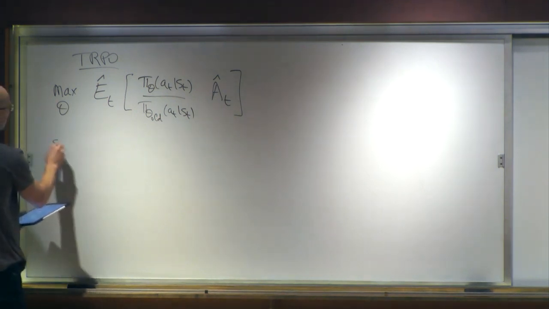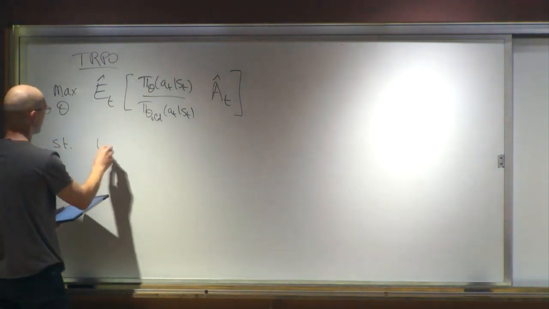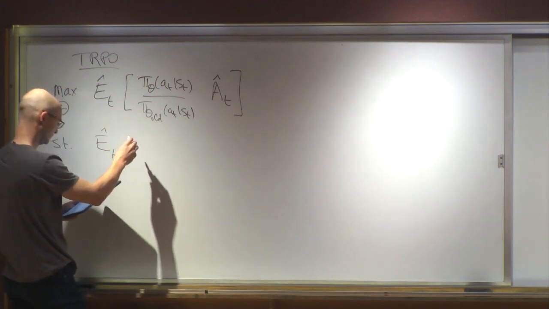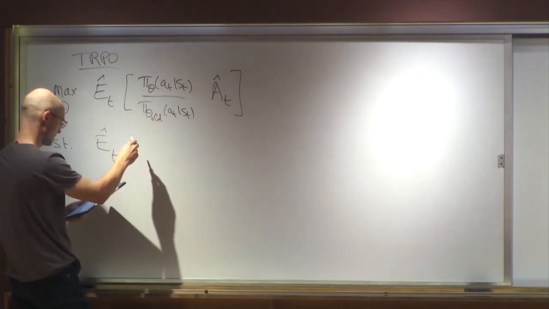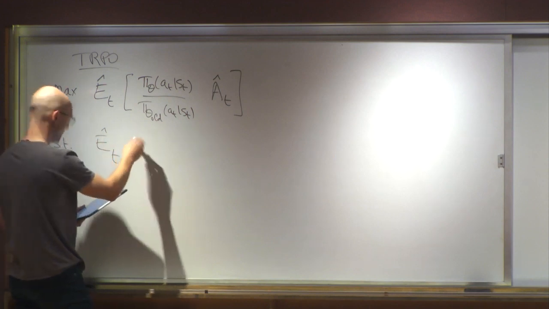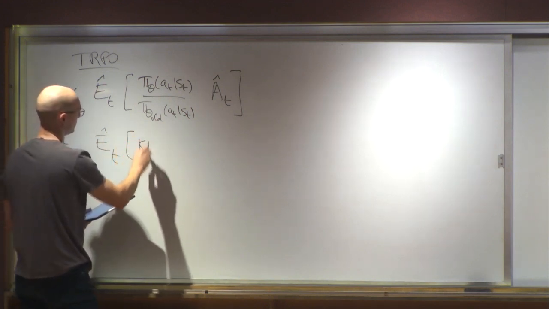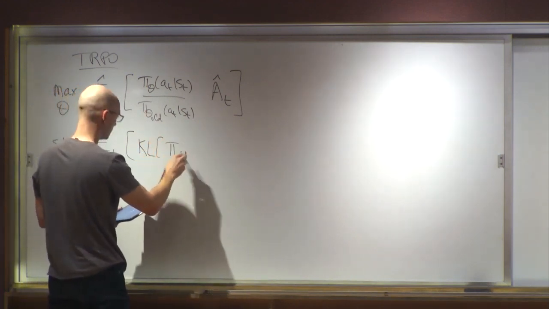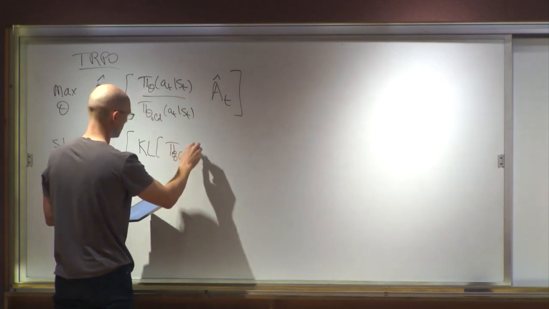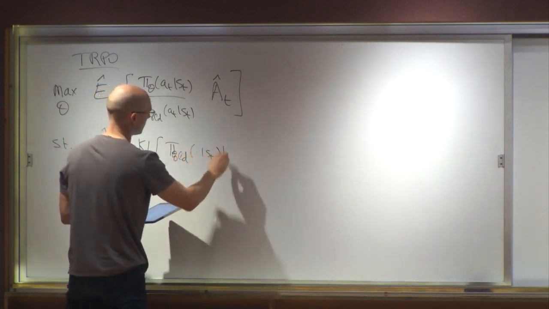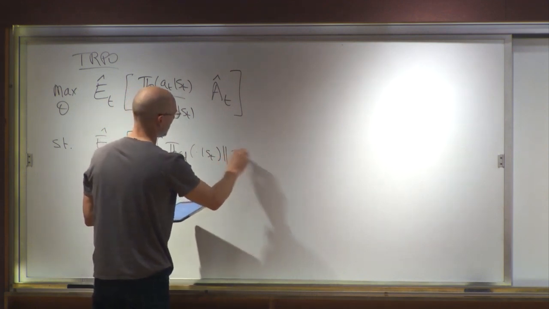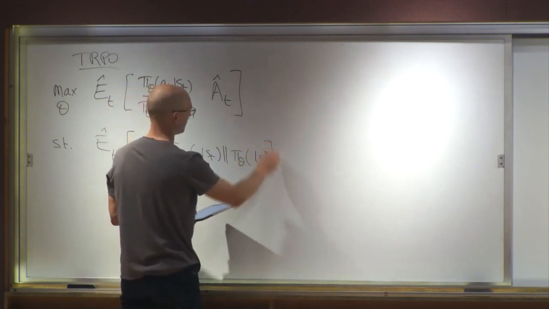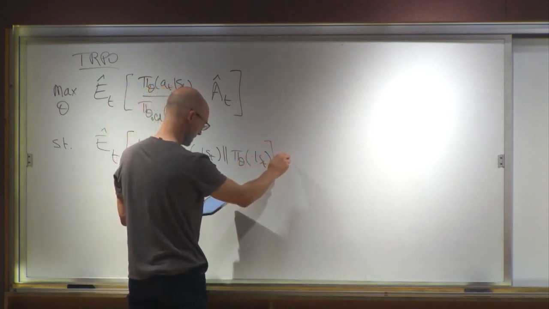And then subject to that the expected value, empirically again, because that's all we have, of the KL between the old policy, pi theta old, and pi theta new, evaluated in the states that we visited, is smaller than some delta.